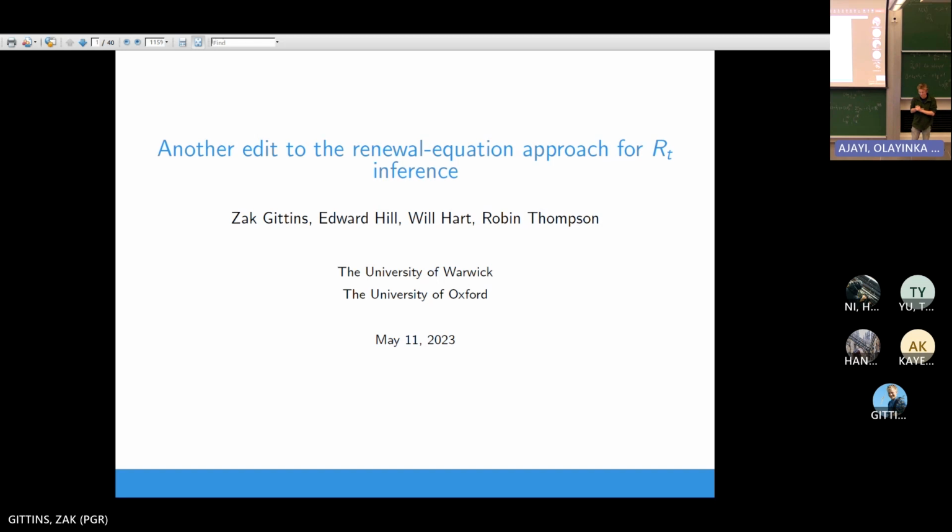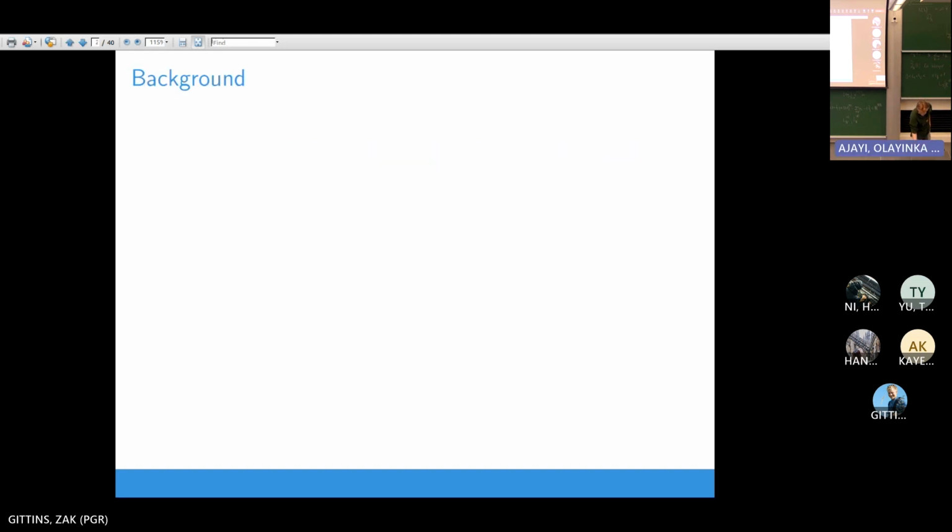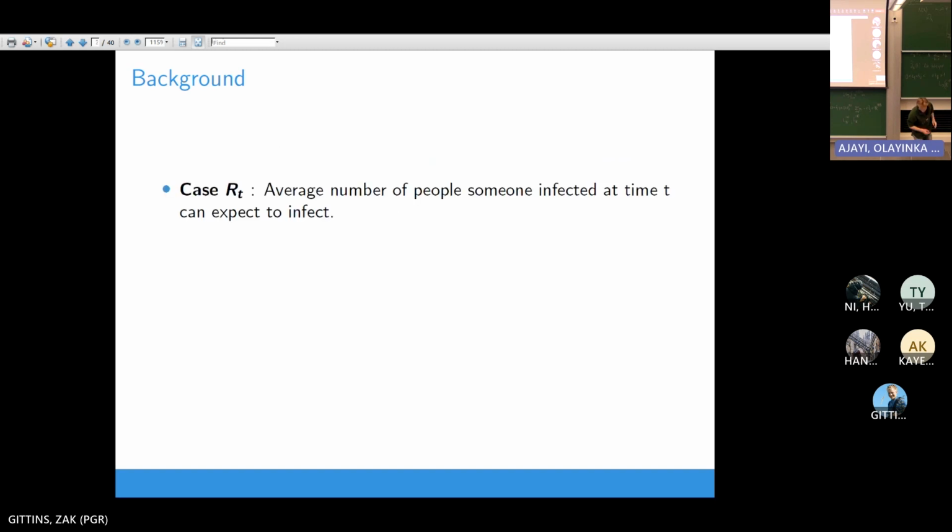So a little bit about reproduction numbers. Reproduction numbers are used in a variety of different fields, for example population dynamics, but perhaps the most popular one is epidemiology. So some background. Yesterday I talked about the case reproductive number, and I think this is the most intuitive type of reproduction number: the average number of people someone infected at time t can expect to infect.